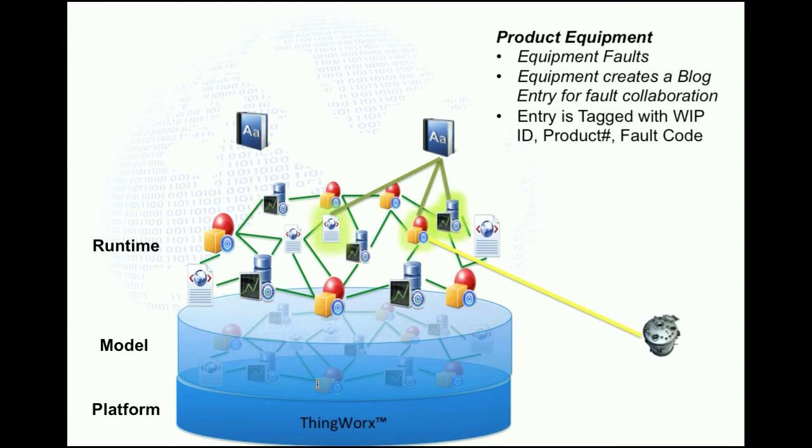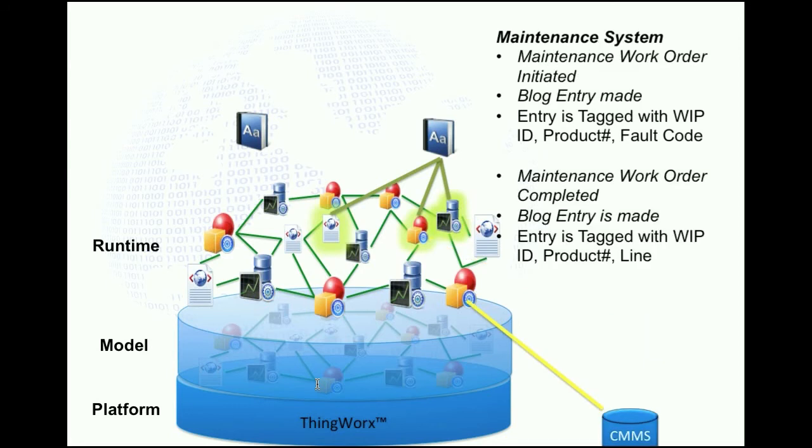When the equipment faults, it would typically create a blog entry to allow collaboration around the fault if it were significant. This entry is tagged with a WIP ID, the product number, the fault code, etc. Again, so now I can relate this fault to the product, the WIP ID. If there are any quality events, I could relate it to that.